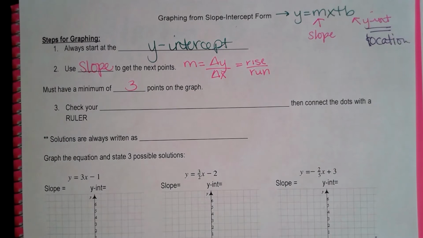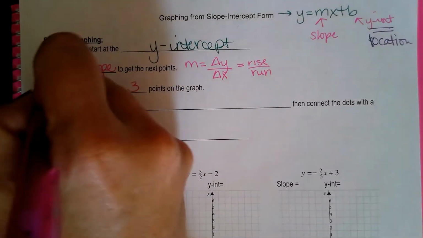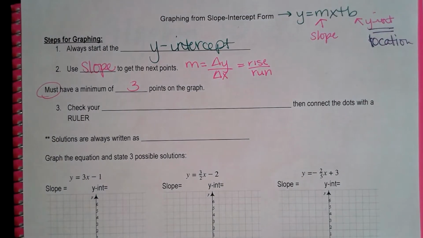The reason I make you have 3 points is because let's say you accidentally count wrong the first time you use the slope. Well, if you count right the second time and you go to connect your lines using your ruler, you'll notice that one of the dots is not on the line, and then you'll know that you needed to correct it. So that's why we need a minimum of 3 points. That's a requirement, okay?